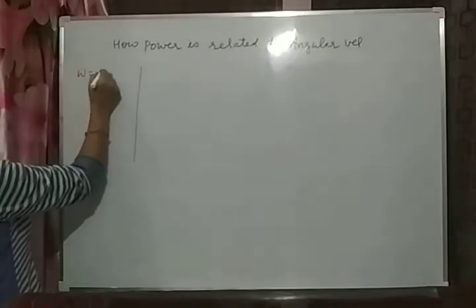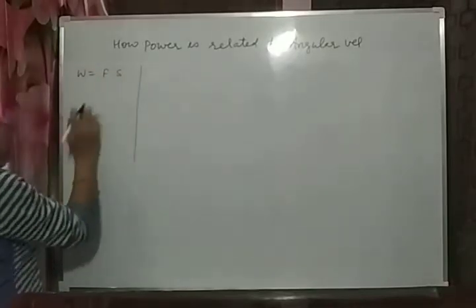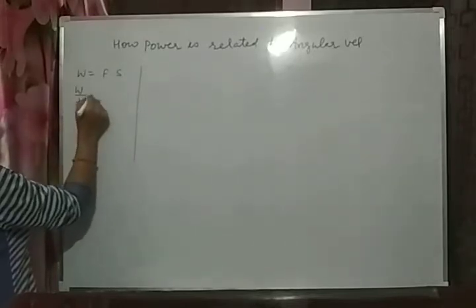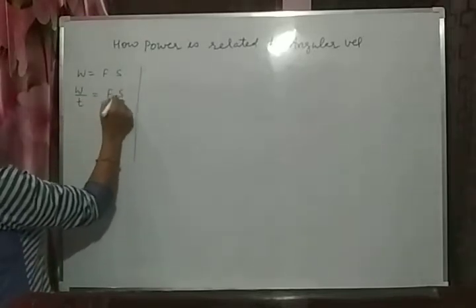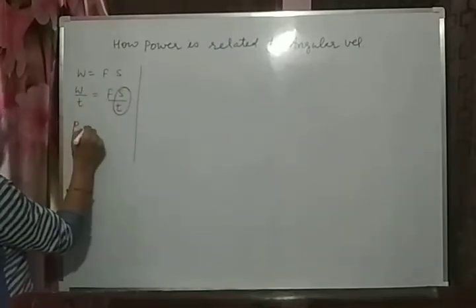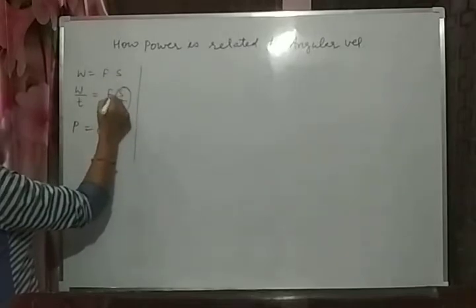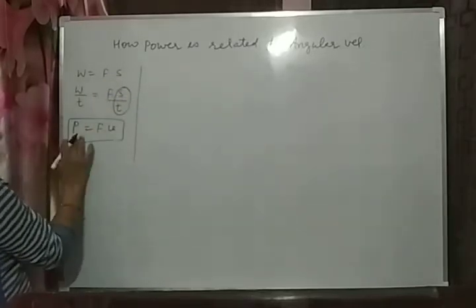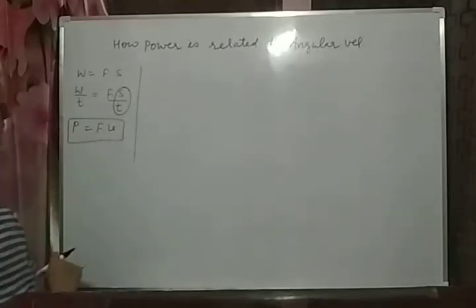Work is equal to F into S in linear motion. What is power? The rate of doing work, power is F into S by T. You can combine it as power is the dot product of F and V, since S by T is V. The power is the dot product of force and velocity.